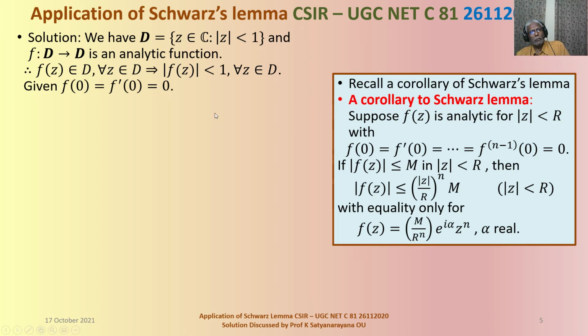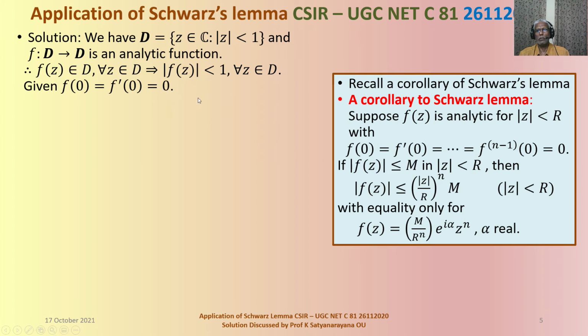Now let us compare with our hypothesis. f(z) is analytic in mod z less than R. So f(z) is analytic for mod z less than 1. So our hypothesis is valid for R equal to 1, and f(0) is equal to f'(0) is equal to 0 in our case. In this case it is up to the (n minus 1)th derivative, therefore n is equal to 2.